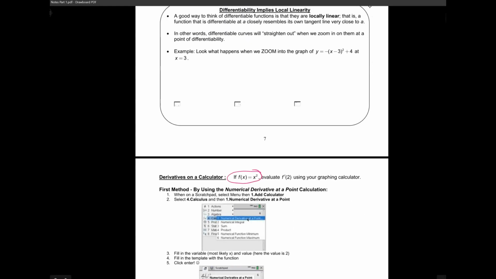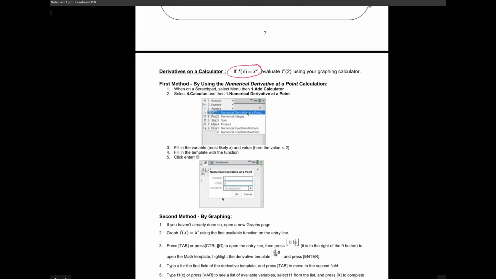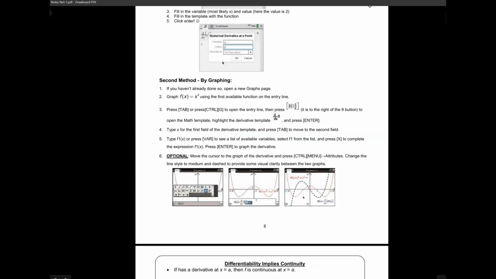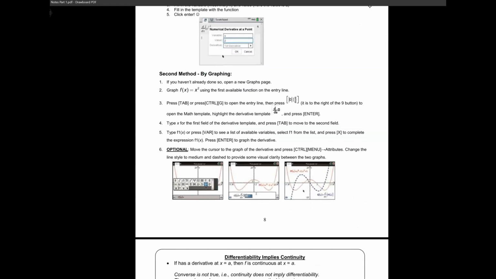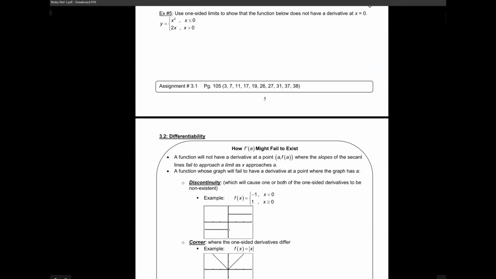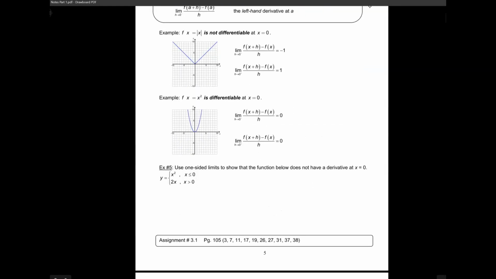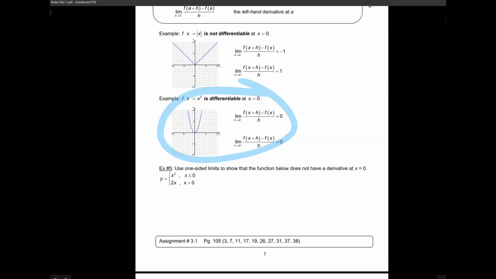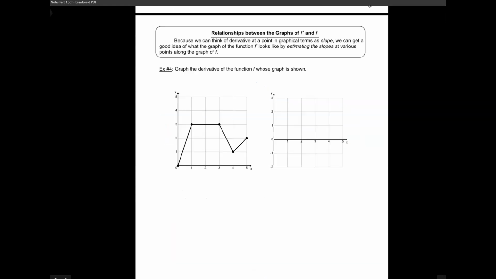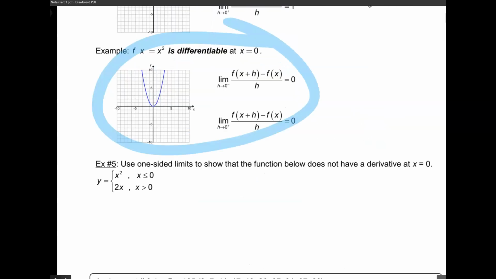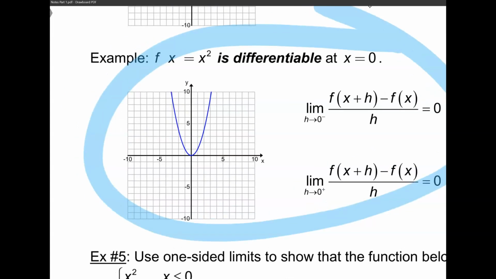On what page can I find one that is differentiable? We don't have to do it as a class. So this one right here, this is differentiable. It's defined everywhere. I don't have a discontinuity. If I had a hole, a jump discontinuity, or an infinite one, it would not be differentiable there. There is no point in this graph where I have a discontinuity. This is not a corner.